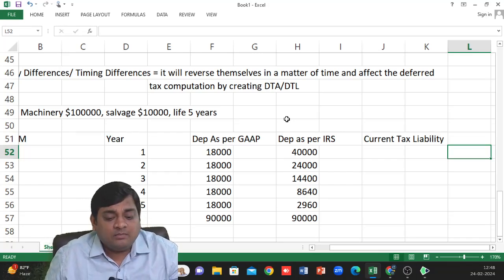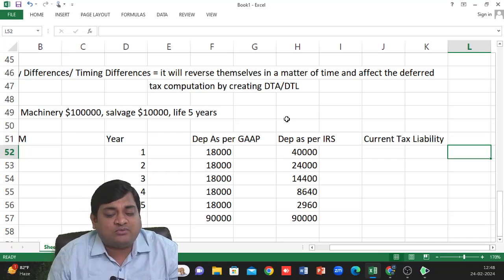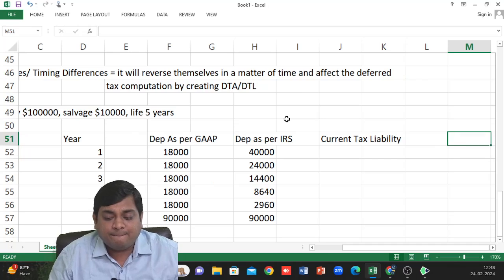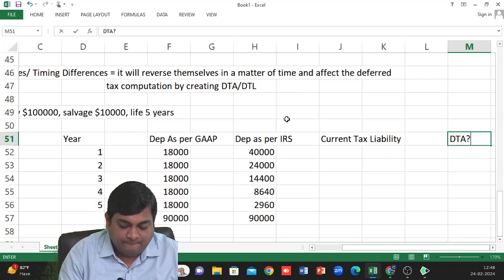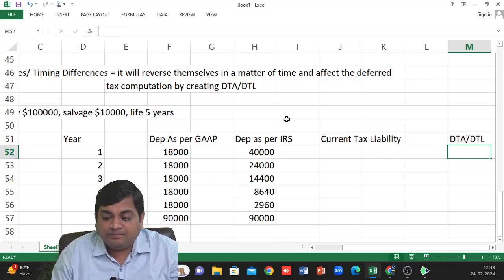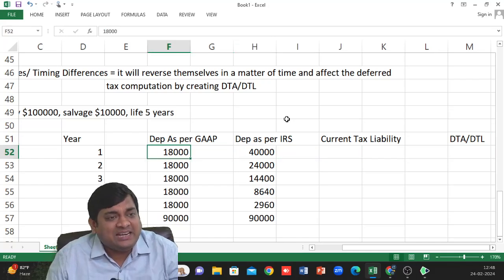Tell me. In year 1, in pre-tax accounting profit, depreciation of 18 is subtracted.